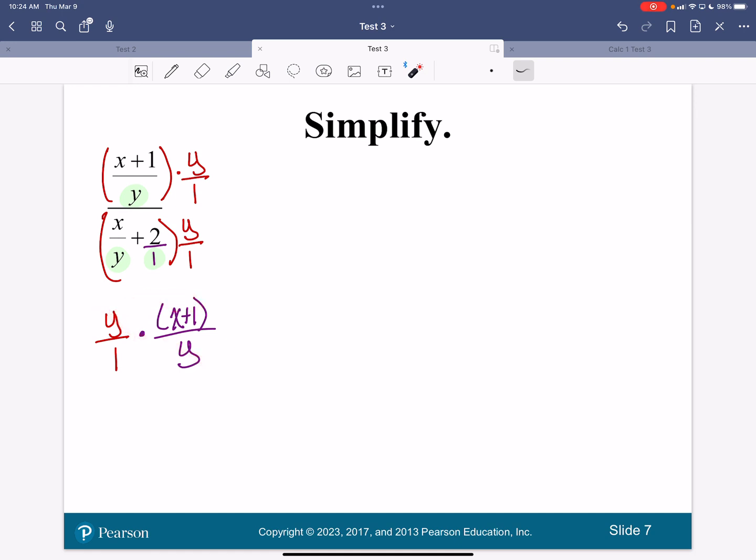It's not wrong to distribute it, but as soon as you distribute it, you're going to have to factor it out. Now what we're going to do is the denominator. So I have y over 1 times x over y plus y over 1 times 2 over 1.